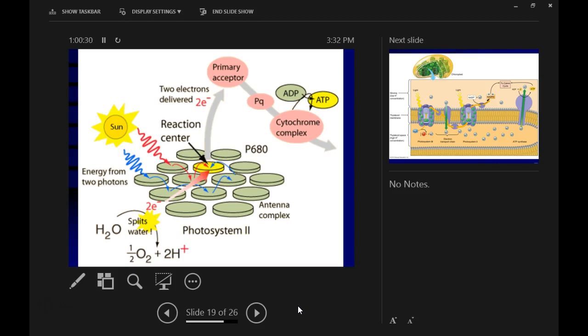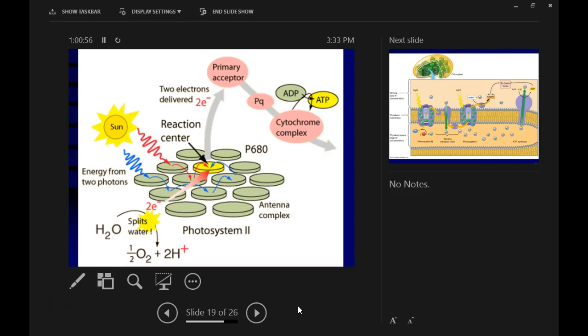We've just stolen from Peter to pay Paul. So we have to get 2 more electrons, and that electron comes from water. Photosystem II, to replace the 2 electrons that it gave photosystem I, strips the electrons from water.